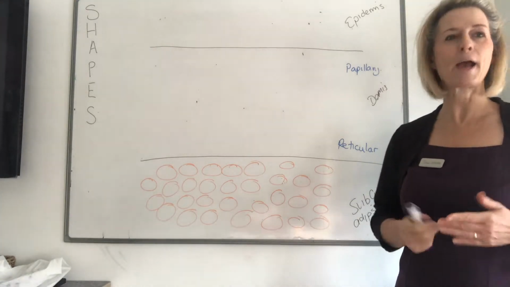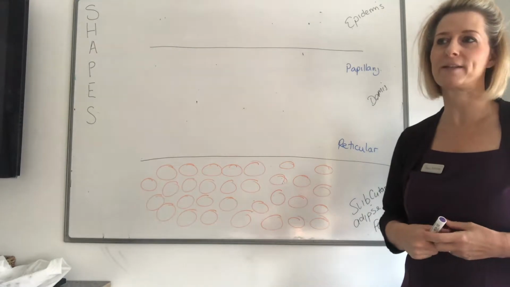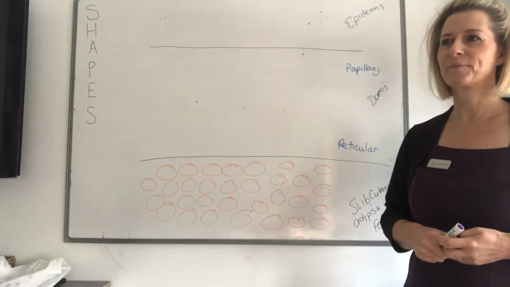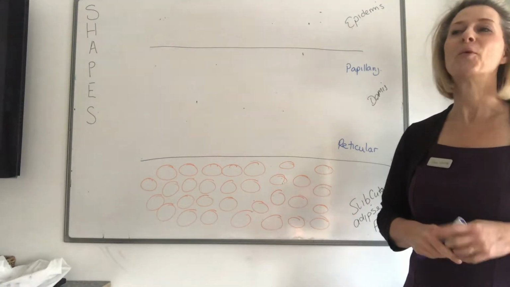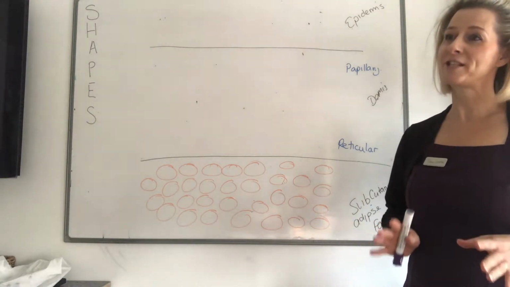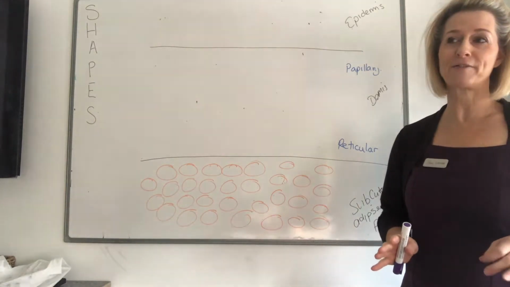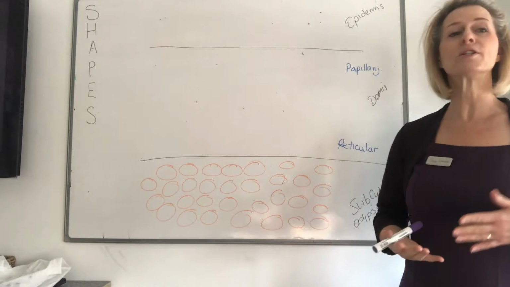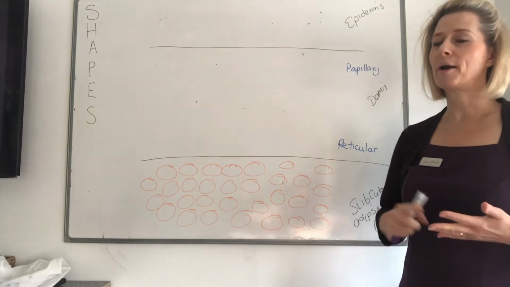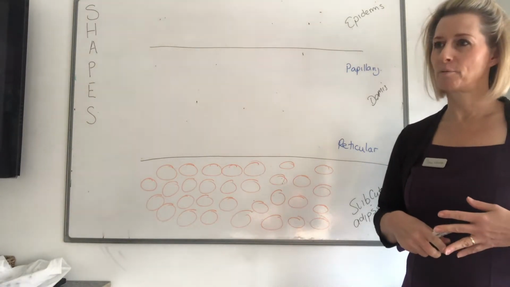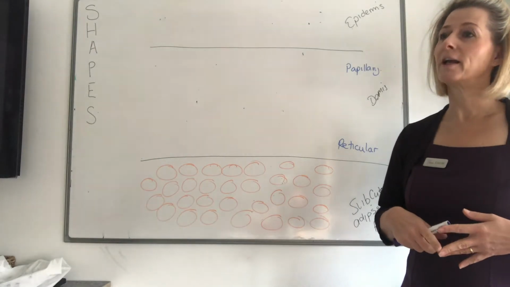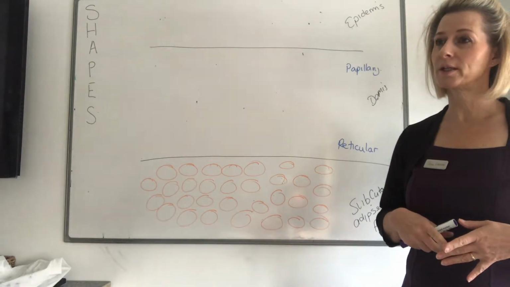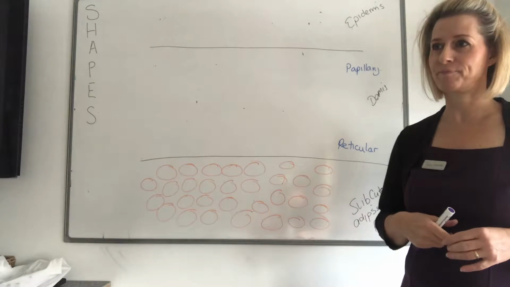How do we feel things? Nerve endings. How many types of nerve endings do we have in the body? We have 5. You don't have to know what they look like, but you just need to know that there are pain, pressure, heat, cold, and sensation.